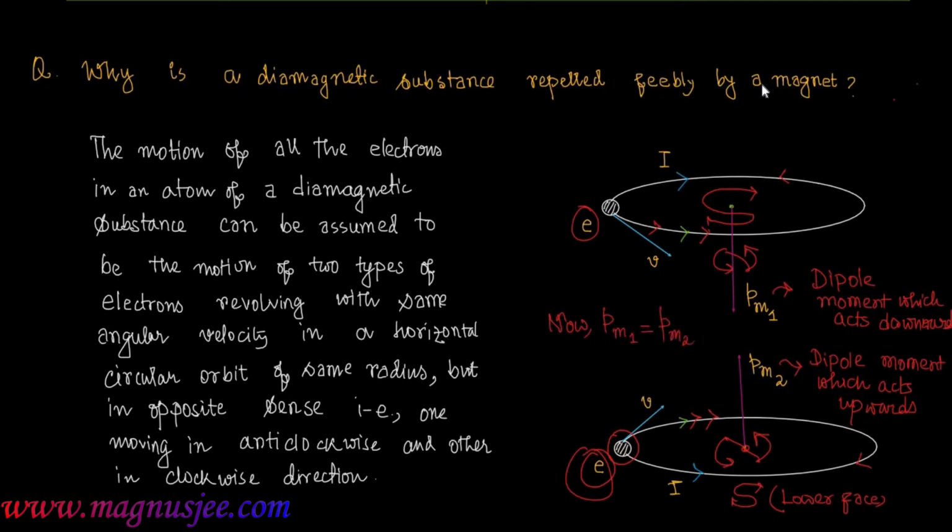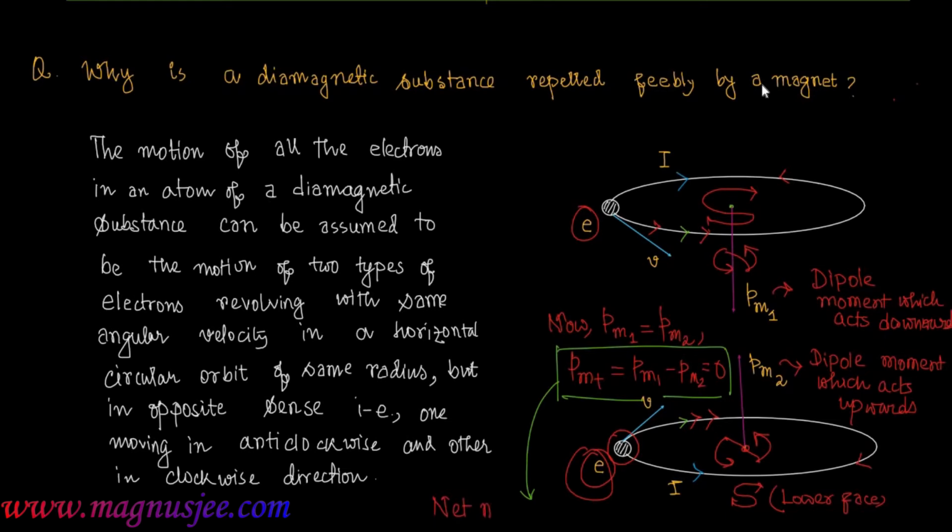Now PM1 is equal to PM2. These two magnetic dipole moments are the same in magnitude, and the resultant magnetic dipole moment PMT is equal to PM1 minus PM2.